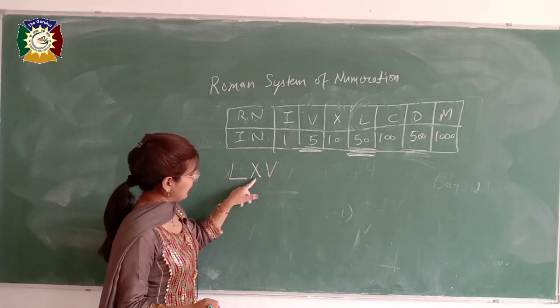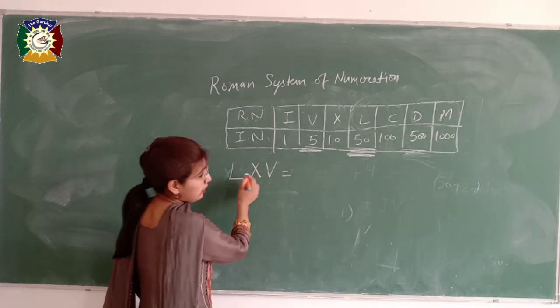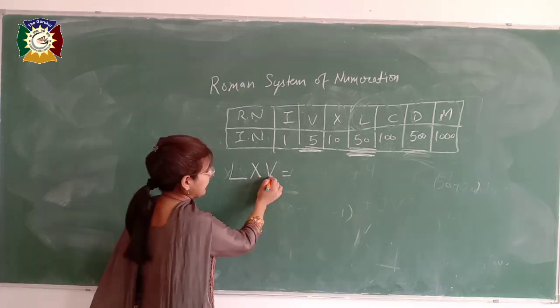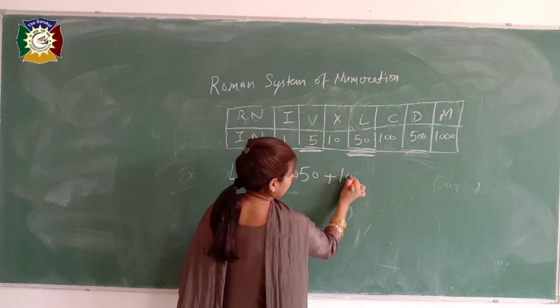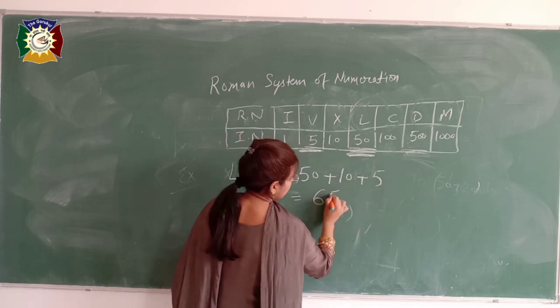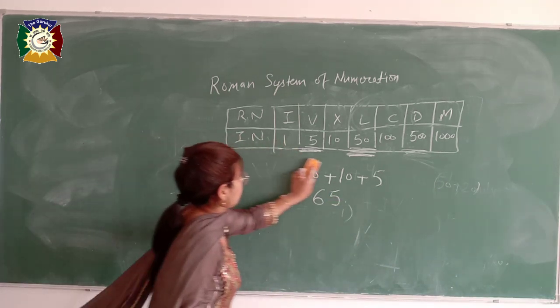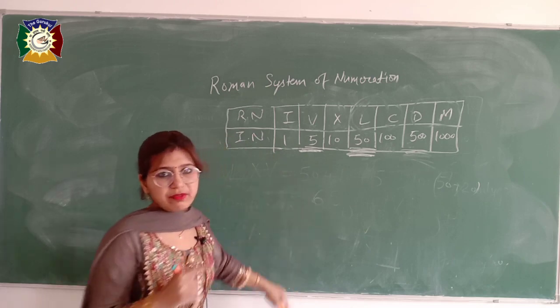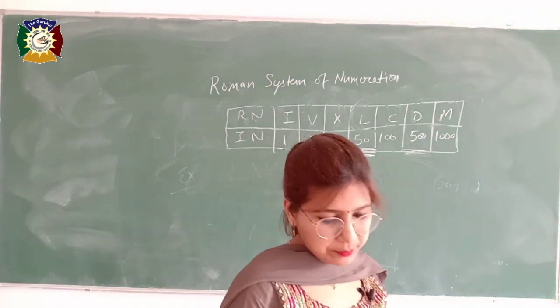Here V is following the larger symbol. It means you have to add the value of L, X and V. L for 50, X for 10 and V for 5. What do you get? 65. Understand?